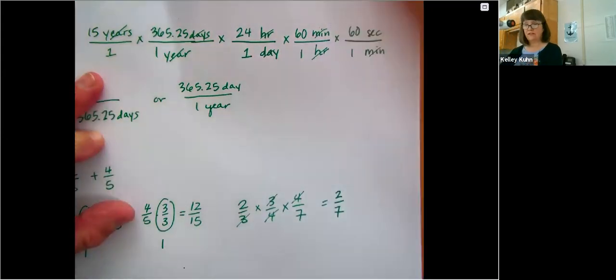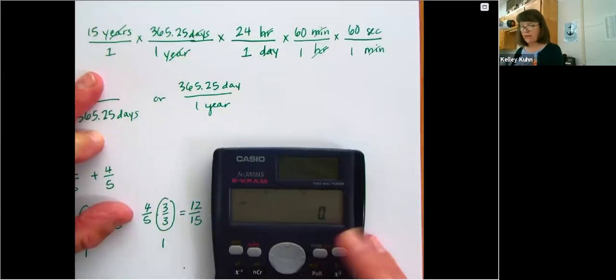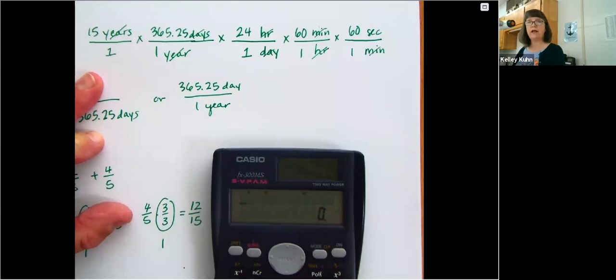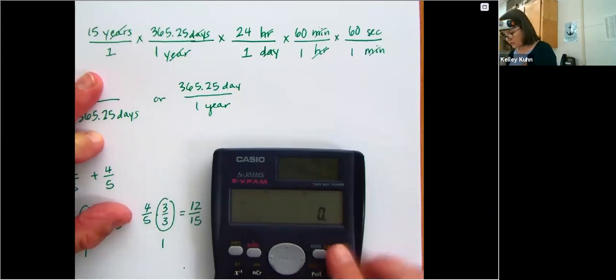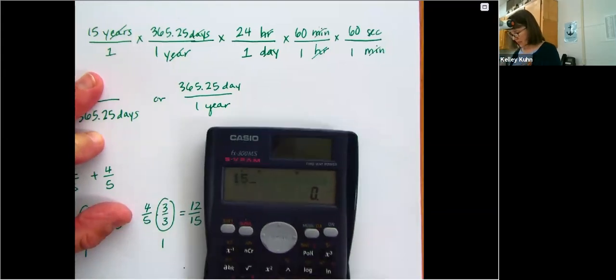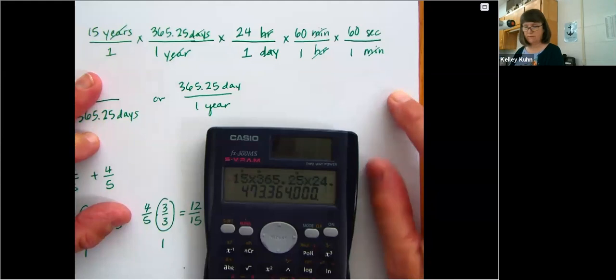So now that we've got this set up, the way that we solve it is we multiply all of our numerators and divide by all our denominators. So literally it'll be 15 times 365.25 times 24 times 60 times 60. So when I put that in the calculator, you can see I get a mammoth number.